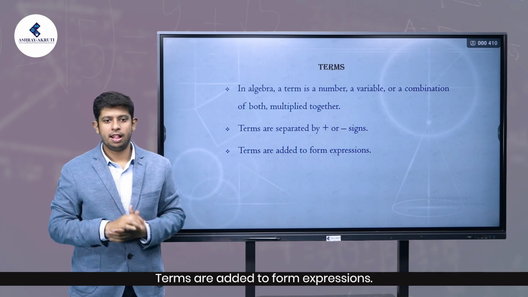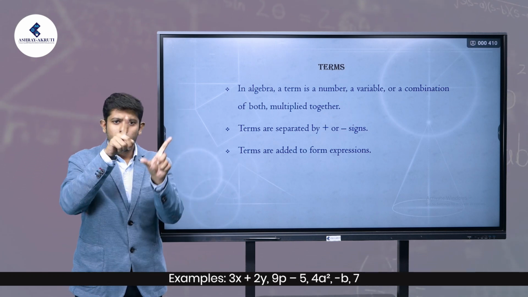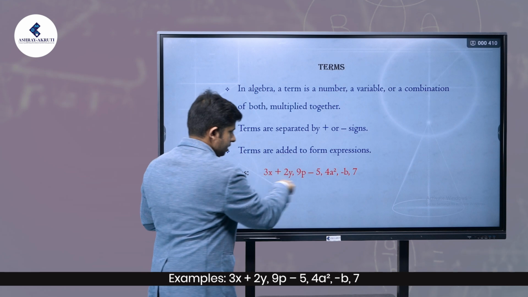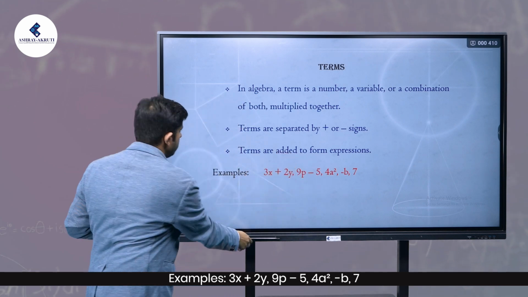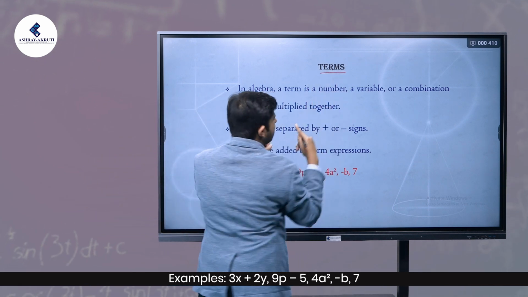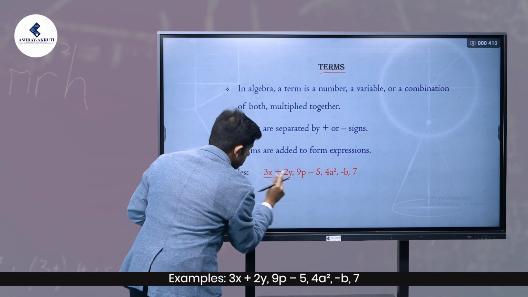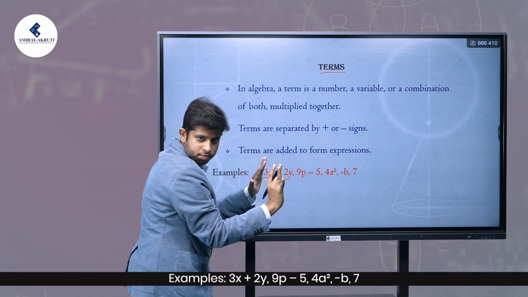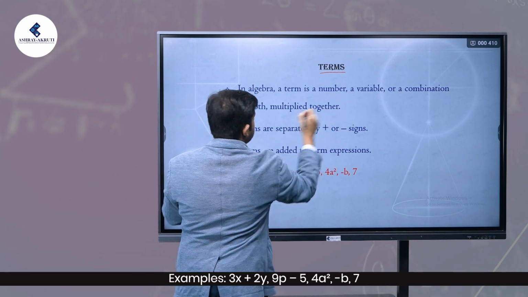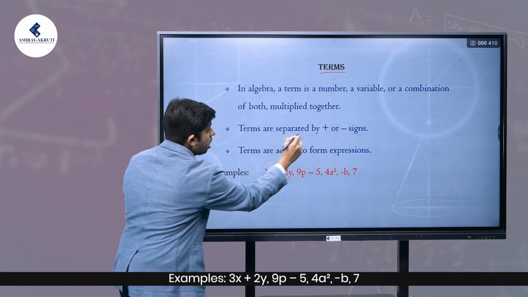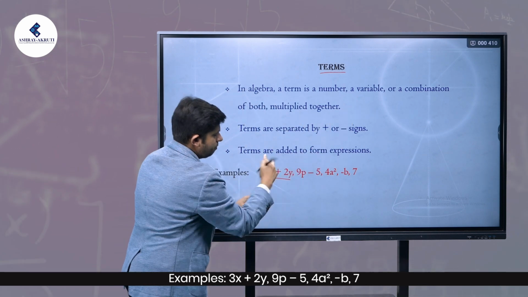Terms are added to form expressions. Examples: 3x plus 2y, 9p minus 5, 4a square minus b, 7.